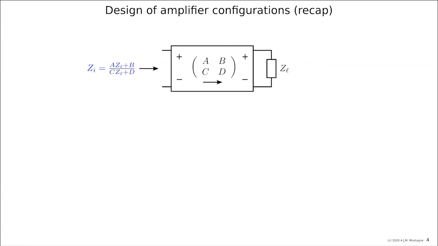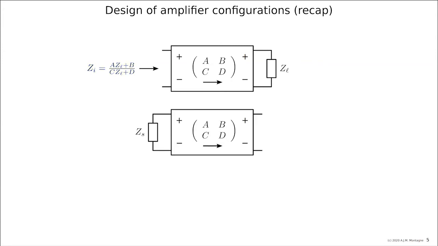Let's also consider the output impedance of a two-port if it is driven from a source. Then the output impedance can be written also as a function of the transmission one parameters, and then of course as a function of the driving impedance.